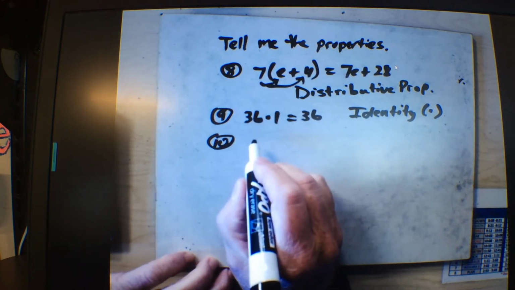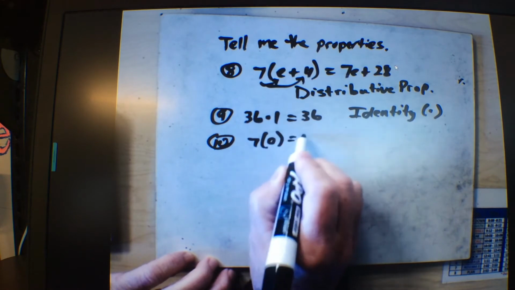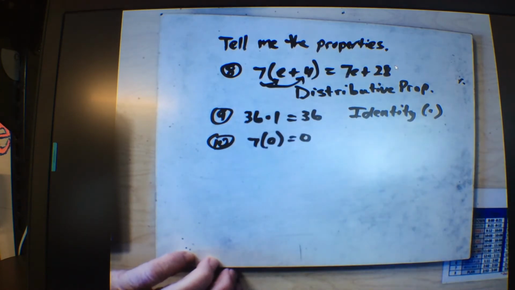Well, good. How about this one? 7 times 0 equals 0. No. Identity, you have to get what you started with. We started with 7, we did not get 7, we got 0. Who knows this one? Oh, it's Ashley?